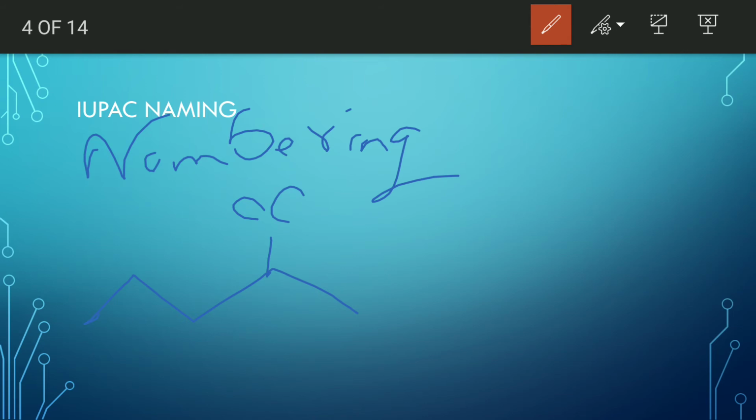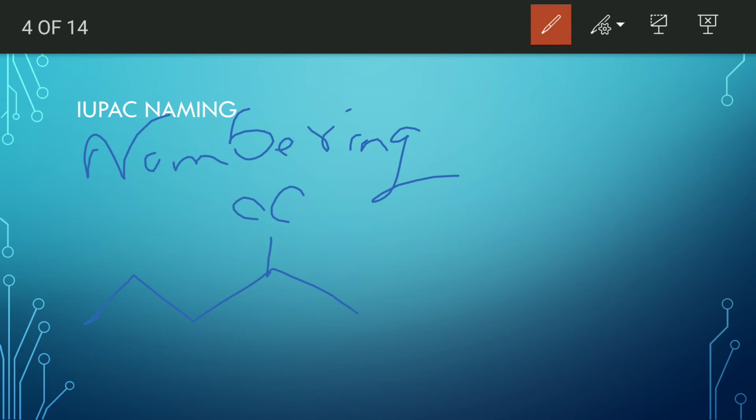We cannot start it from the middle. And second, it is done in such a way that locants receive the lowest number. You must note these points down.